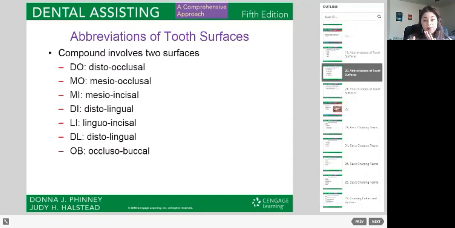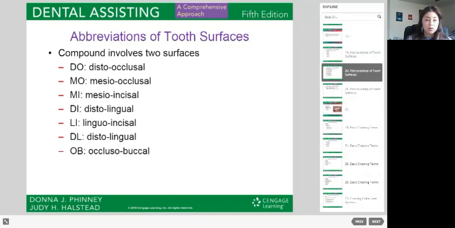If it's 2 abbreviations, it's still the first letter of whatever surface it is. Sometimes you have to look at it for a second until you get used to deciphering it. I've had the question before, does it matter the order that you put the abbreviations in? And the answer is no. It doesn't necessarily, but you usually would work from the midline distal.